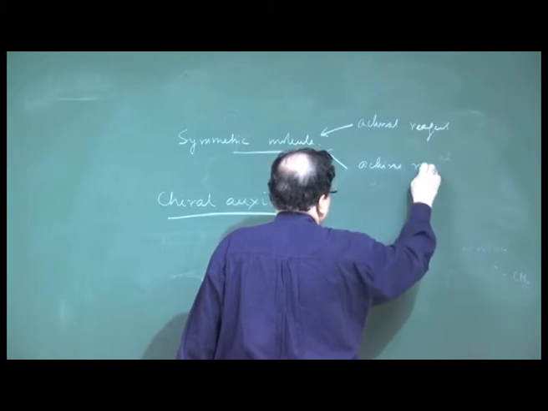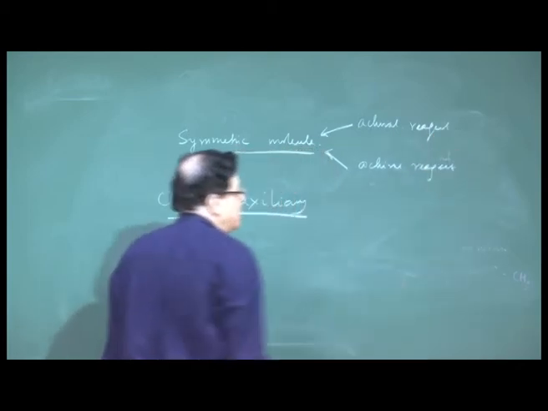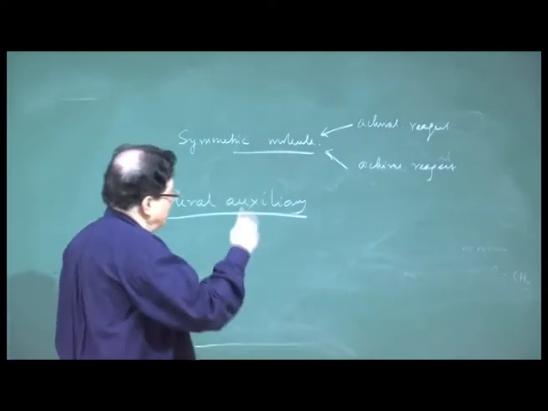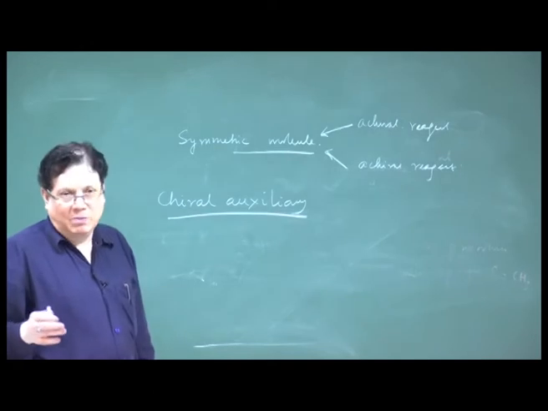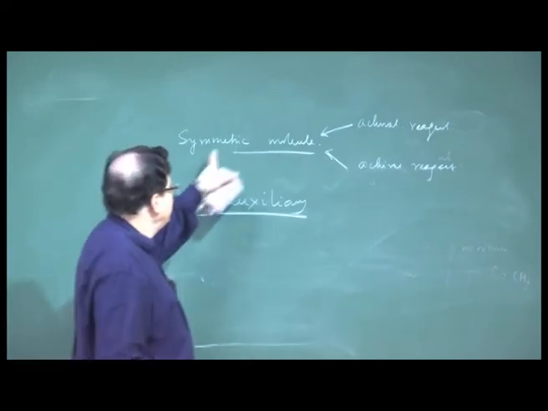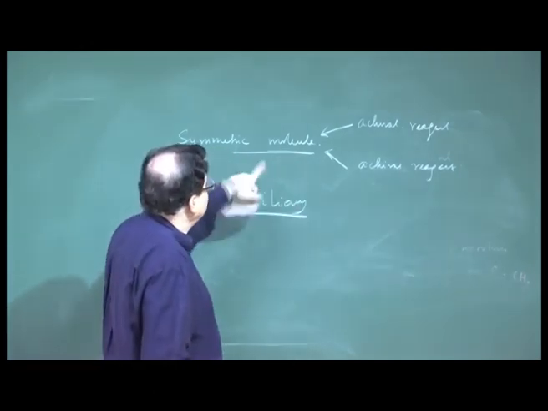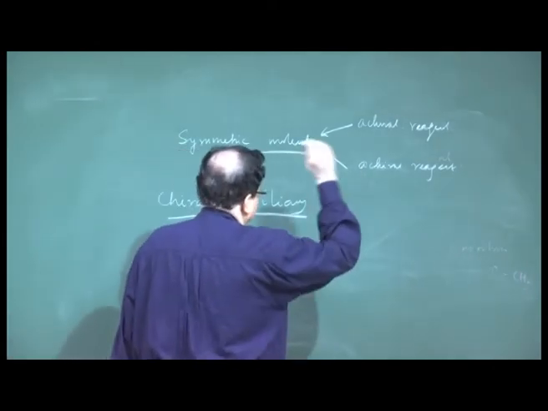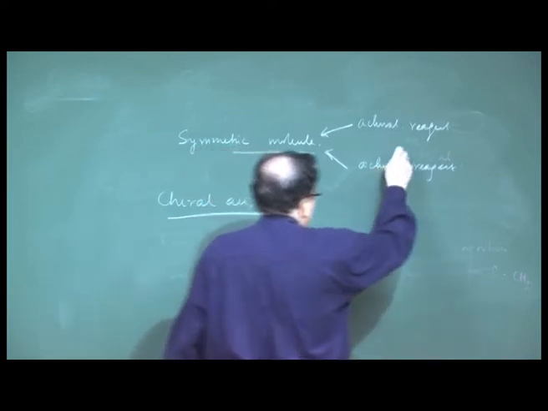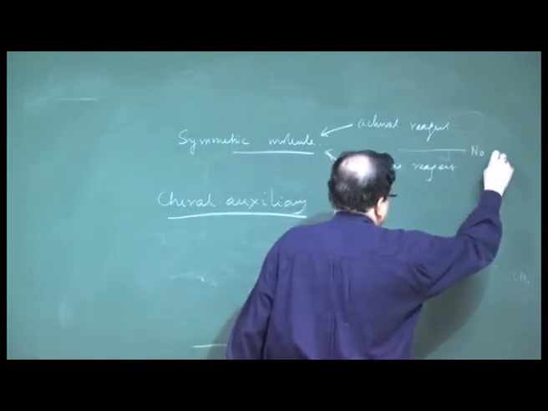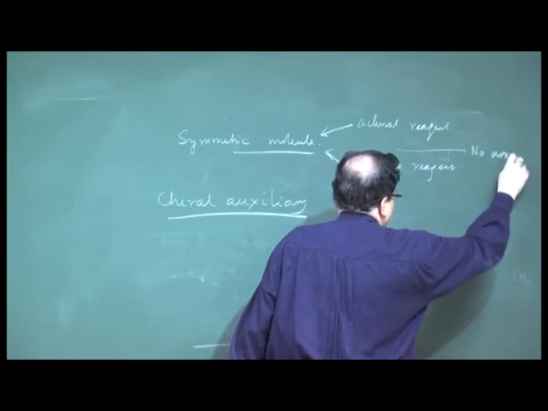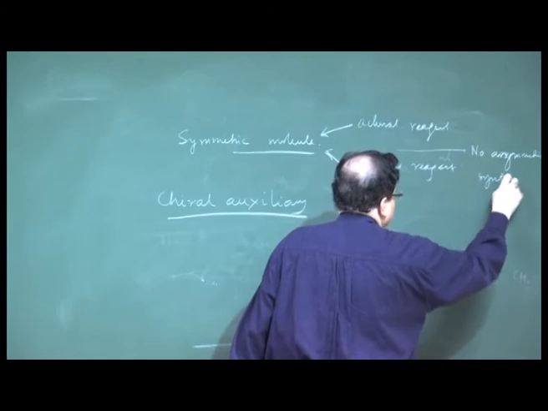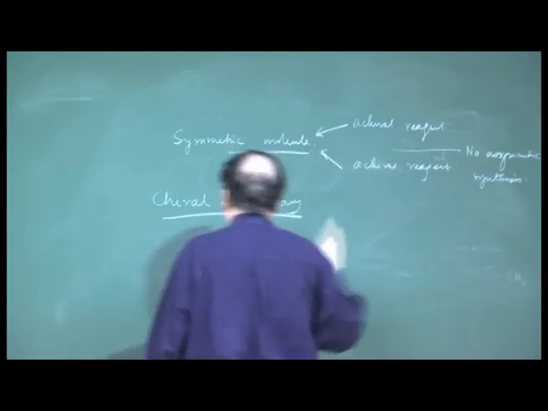If you are generating a new chiral center, then the transition states for formation of the new chiral center will be enantiomeric, because you do not have any built-in chirality involved earlier. So, here you will not get any asymmetric synthesis. That means you will not get any discrimination between the R and S that is produced.